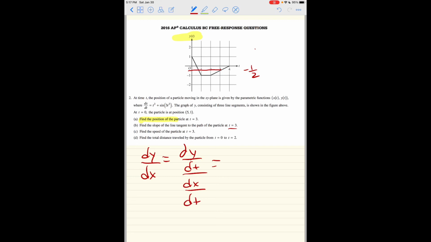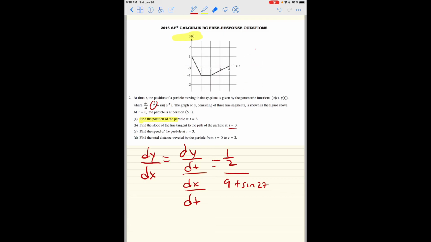And so the slope at 3 here is going to be positive 1/2 over, at 3, 9 plus sine of 27. So basically you take the derivative of y over the derivative of x, and I'm just trying to get through the video quickly so I don't waste anyone's time.